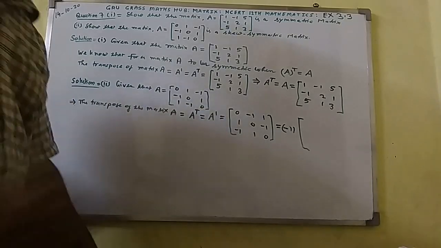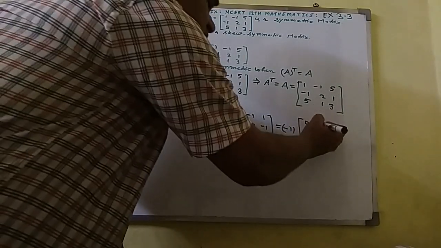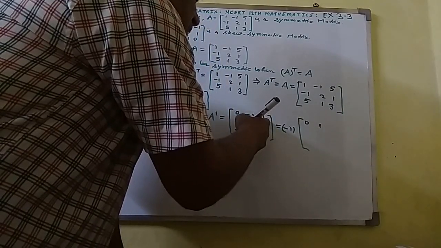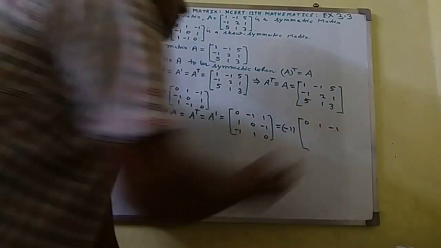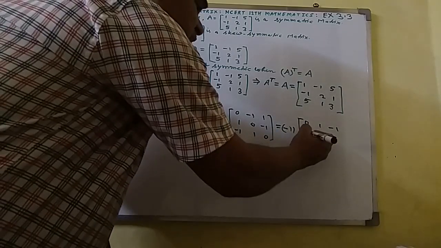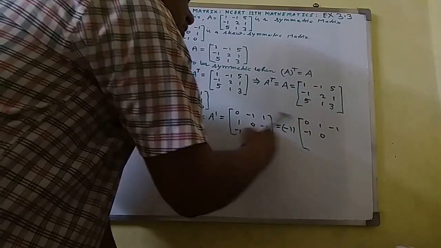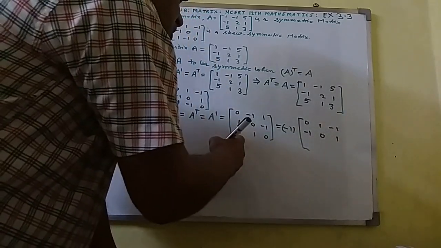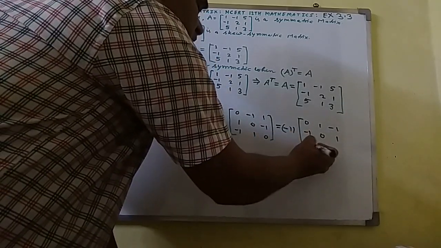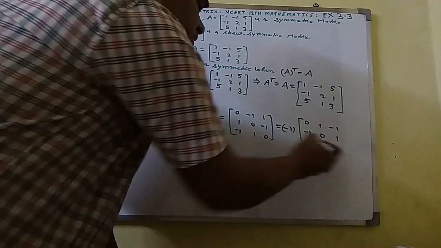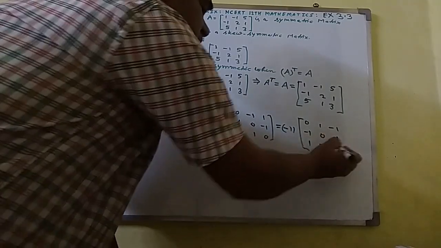So here I shall write 0. Minus 1 will become 1. Plus 1 will become minus 1. Here 1 will become minus 1. Here 0 it will become 0. Minus 1 will become plus 1. Minus 1 will become 1. Plus 1 will become minus 1. Here 0, 0 I shall write.